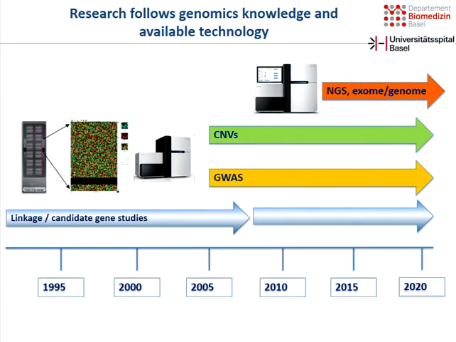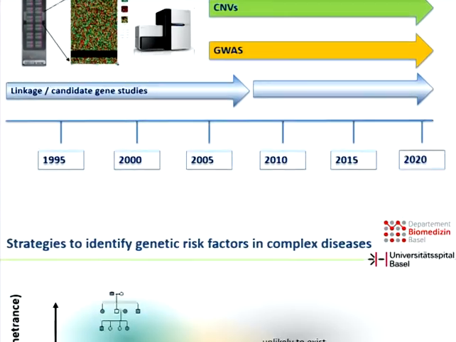And then obviously, Jason also showed that the next generation sequencing, exome sequencing, genome sequencing, has been used since about, let's say, 2012, 13. So it all depends on the price, right? And now the prices are really falling for NGS sequencing, exome sequencing, genome sequencing, and this is developing now.